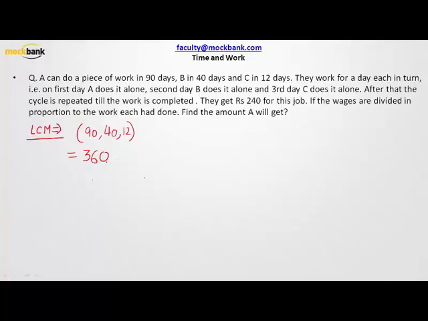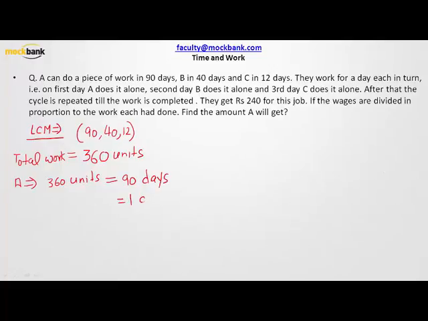So we will take our total work to be 360 units of work. Now the problem says that A can finish this whole work in 90 days. So this 360 units will be completed by A in 90 days.